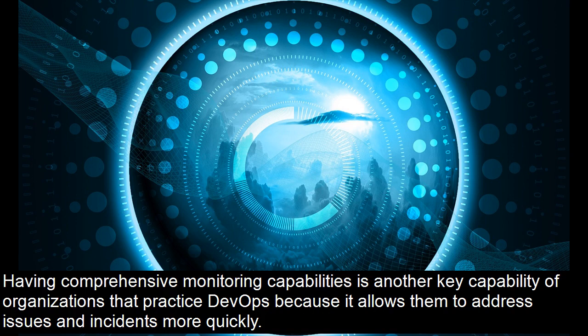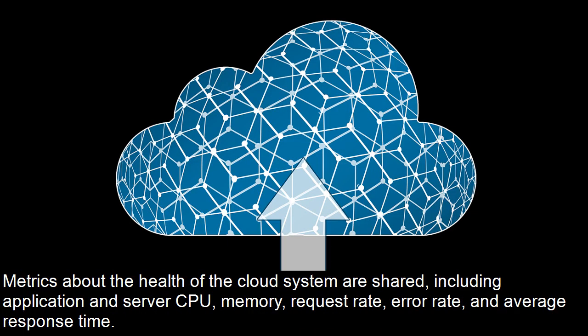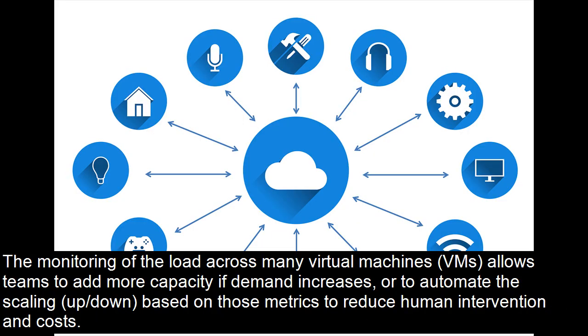Metrics about the health of the cloud system are shared, including application and server CPU, memory, request rate, error rate, and average response time. The monitoring of the load across many virtual machines, VMs, allows teams to add more capacity if demand increases, or to automate the scaling, up/down, based on those metrics to reduce human intervention and costs.